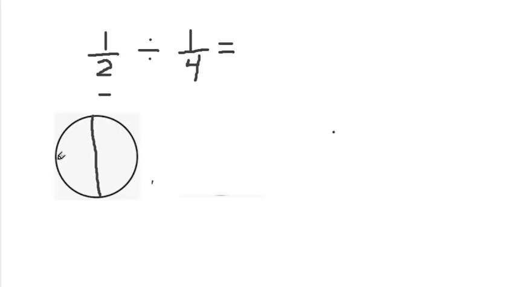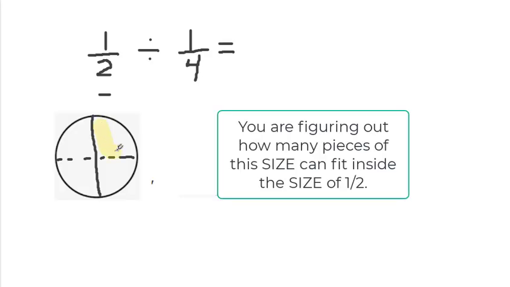If we take a broken line and break the entire pizza up into fourths, that's what that looks like. I can see that inside 1/2, I have 1, 2 fourths. So the answer is 2.